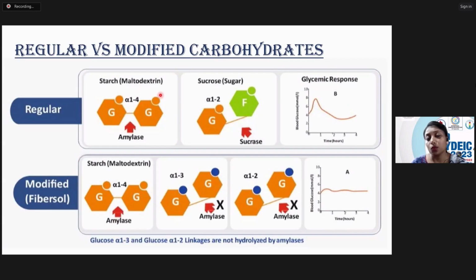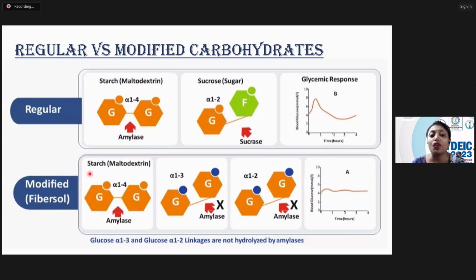Maltodextrin, which is found in many supplements, is a good source of glucose, because maltodextrin has alpha-1,4 linkages. Now, the amylase enzyme which we have in our gut lining is capable of breaking alpha-1,4 linkages, and as a result, maltodextrin releases glucose.